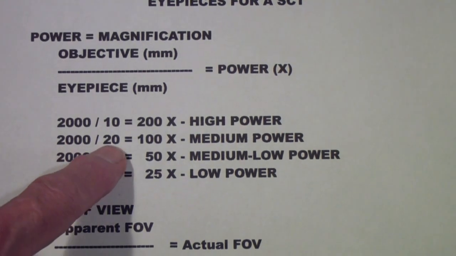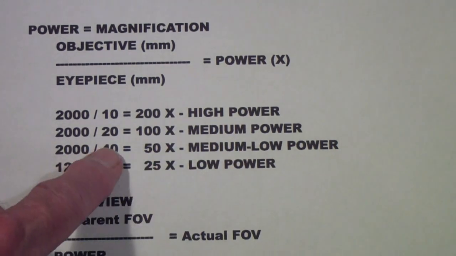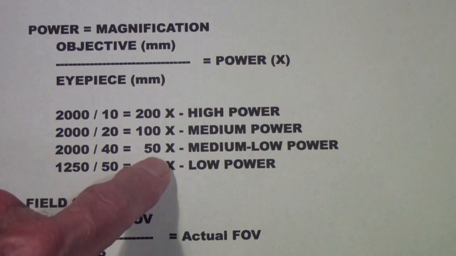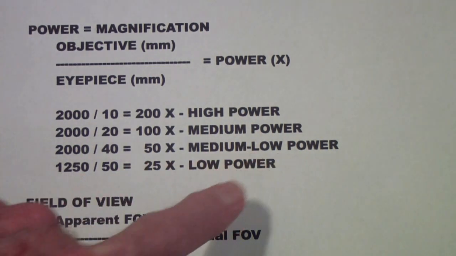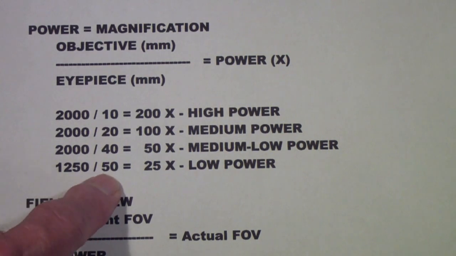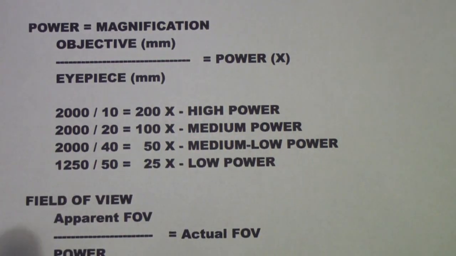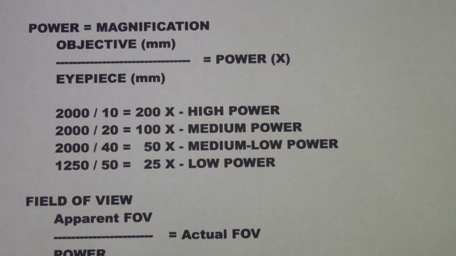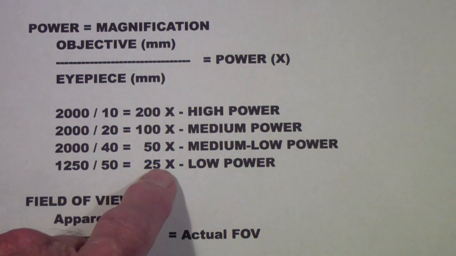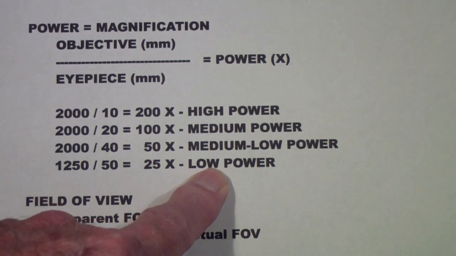If you instead put a 20 millimeter eyepiece in it, you'll get 100 power, kind of medium. If you put a 40 millimeter, you'll get about 50 power, or medium low power. If you put a corrector and a 50 millimeter eyepiece in, you can get down to 25 power, which is considered low power. Now, for the biggest deep sky objects, that is, the ones that occupy the biggest space in the night sky, this is about the only way you'll be able to see the entire object.